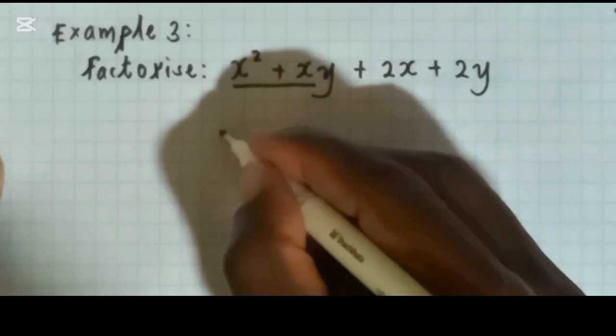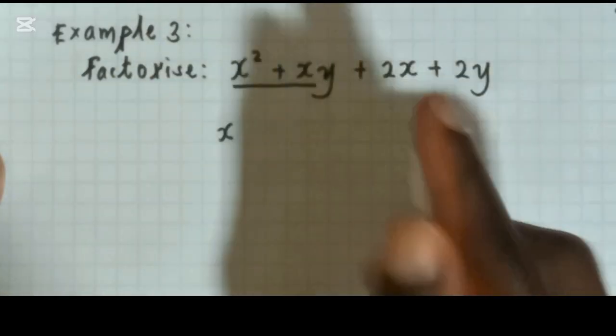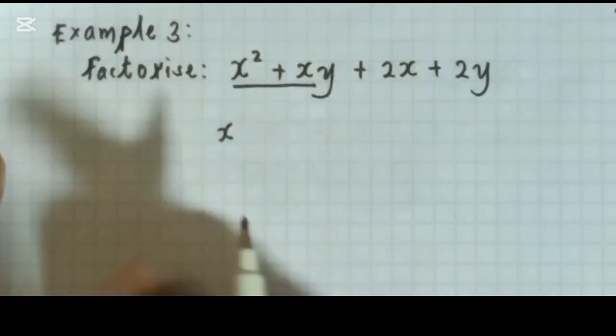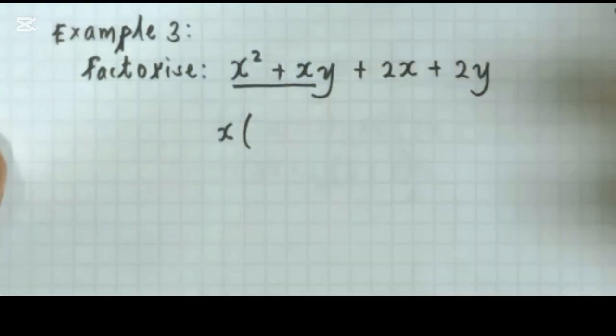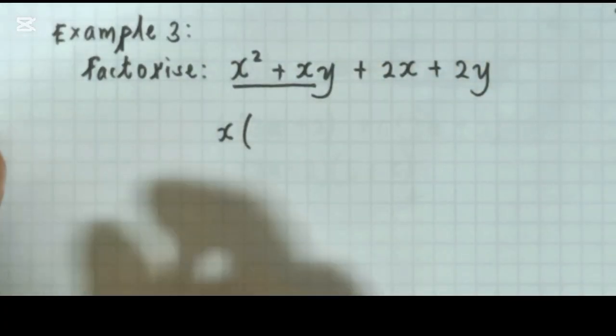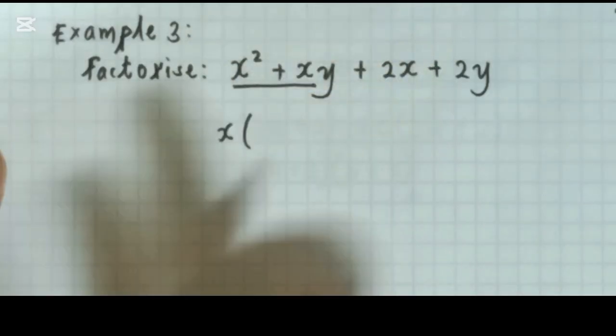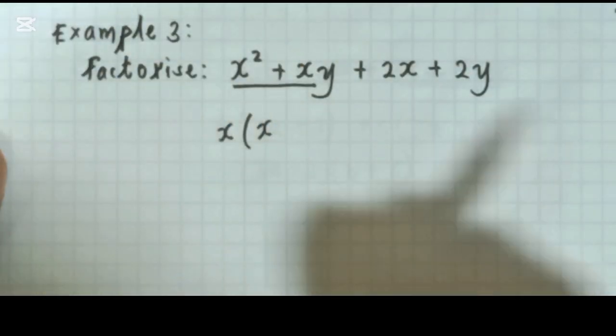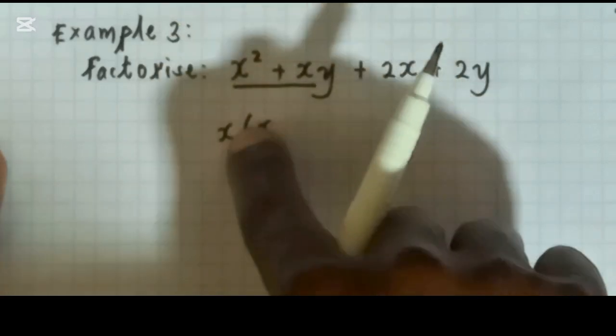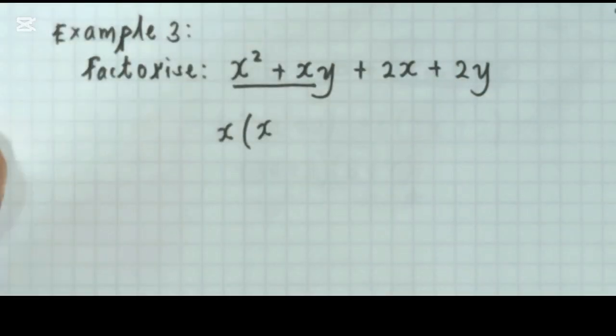So we're going to treat our highest common divisor, our GCD, in this scenario as x, by picking the x with the lowest power. So we're going to have x squared divided by x, and that will give us x. That is 2 minus 1 for the power, giving us x raised to 1, which is basically x.